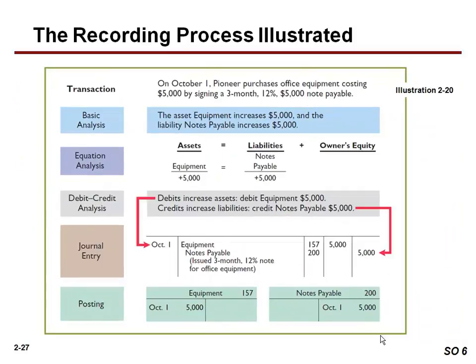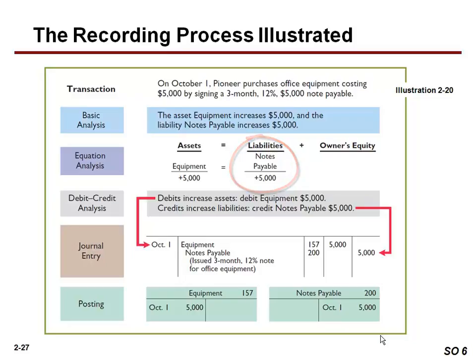Another sample transaction, October 1st, the company purchases office equipment by signing a note. So they're not acquiring this by cash, they're acquiring this on credit. So our analysis, equation analysis, assets will go up by $5,000 and so will liabilities, indicating a current obligation to be paid later.